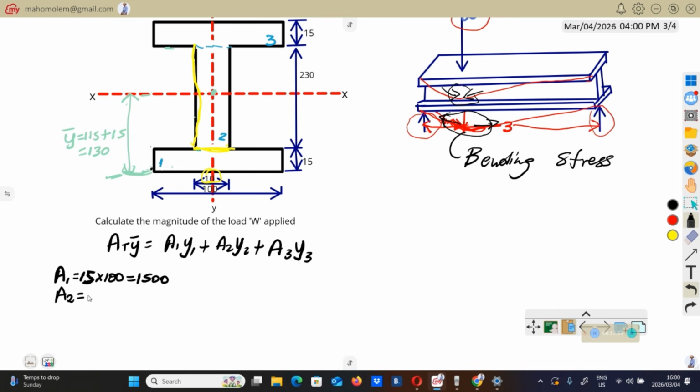So you will have 10 multiplied by from here to there, which is 230. So we're going to multiply it by 230. 10 multiplied by 230. Yeah, hopefully it will be 2,300.